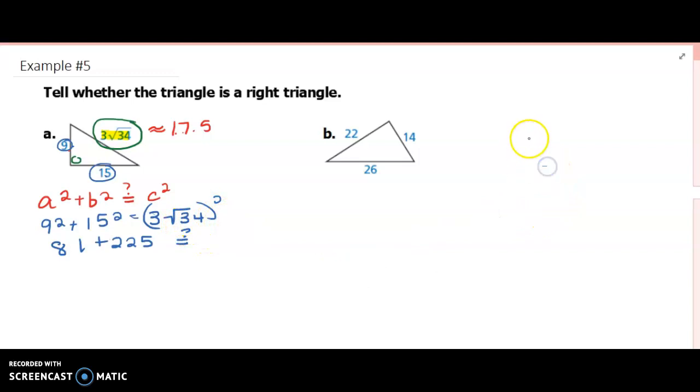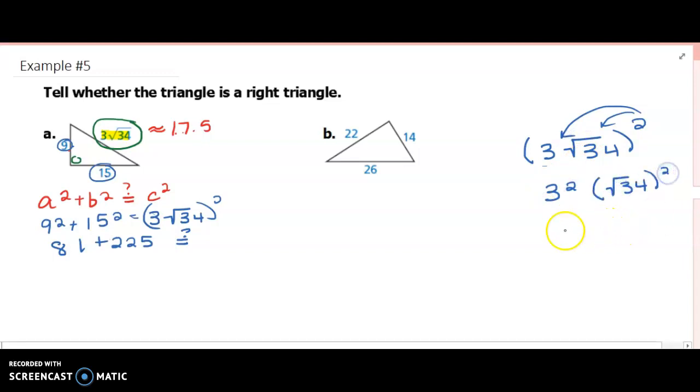Now when I have 3 square root of 34 squared, I have to square both of these parts. I have to distribute this through to the entire parentheses. So this would basically equal 3 squared times square root of 34 squared. 3 squared is 9.